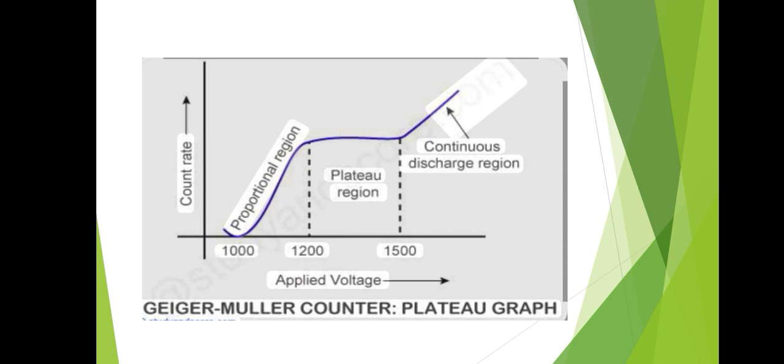This results in unwanted pulses. The method of suppressing the unwanted pulse generated by photons is called quenching. Quenching can be achieved by adding ethanol molecules, which absorb the generated photons and suppress the unwanted pulse. Here this point is over.